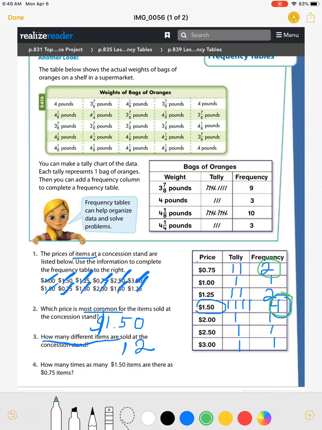So that means the 2 items that were 75 cents, and right here we see times, what would get us to that 4 items over here. And that would be 2. So that would be 2 times.